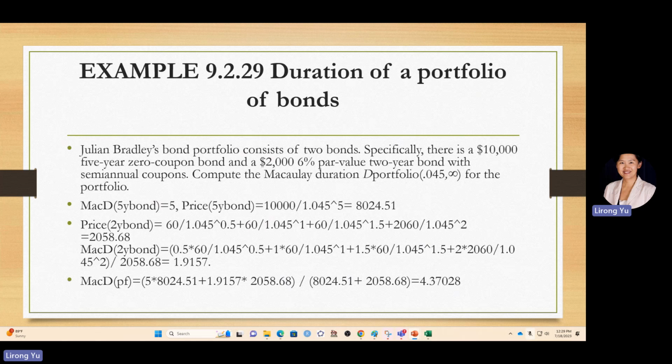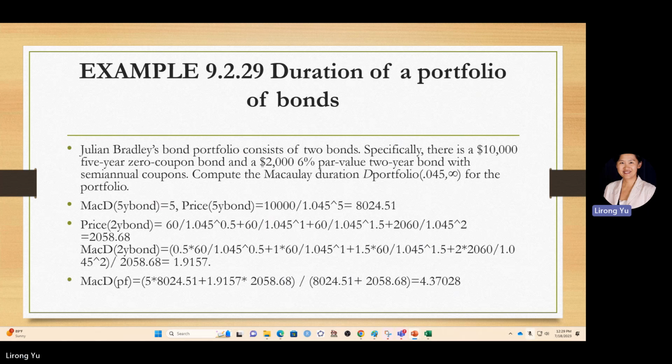So each cash flow is discounted, and then we find Macaulay duration for the 2-year coupon bond using the discounted cash flow weighted relative to total present value and multiply by the time. So we get 1.91. That is the Macaulay duration for the 2-year bond. Now we got a portfolio.